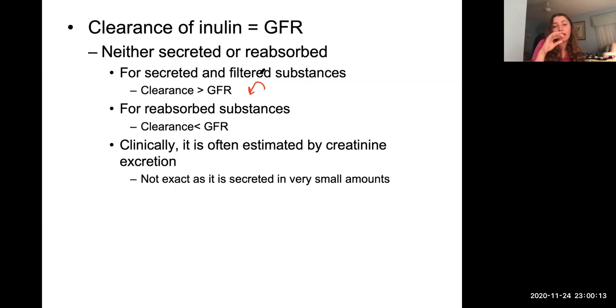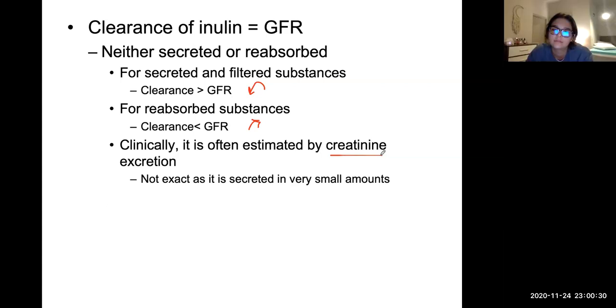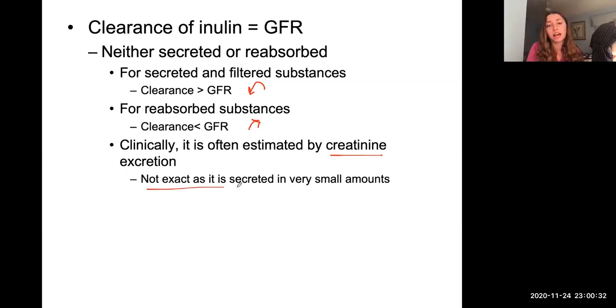And for reabsorbed substances, the clearance is going to be less than the GFR because it's put back into the capillaries. Clinically, GFR is often estimated by creatinine. It's not exact, it's secreted in very small amounts, but usually it's excreted 100%, maybe a little bit more because it's secreted a tiny bit.